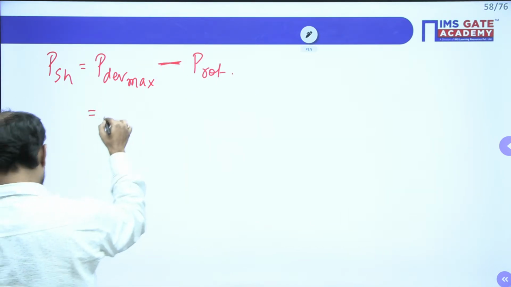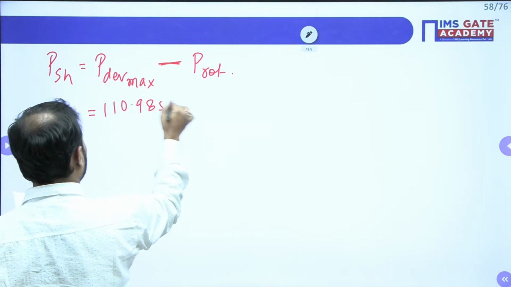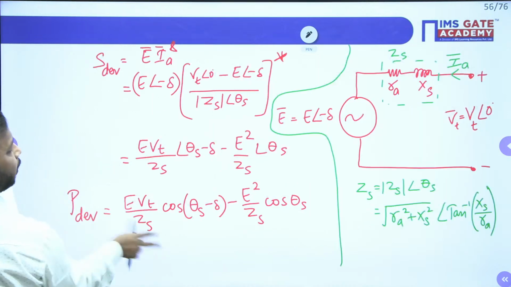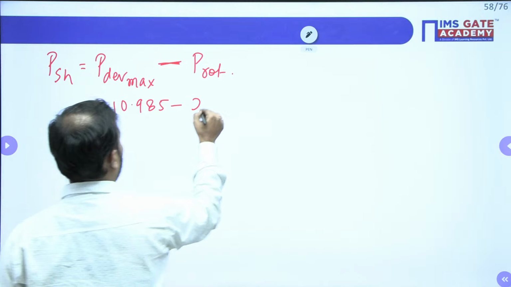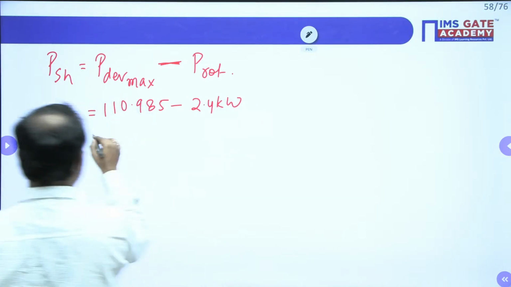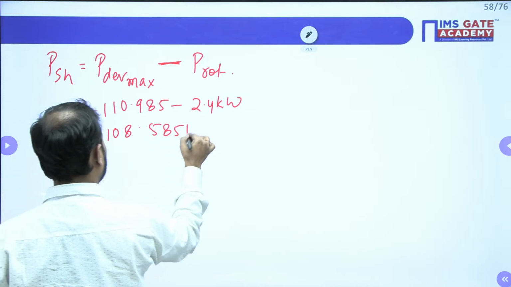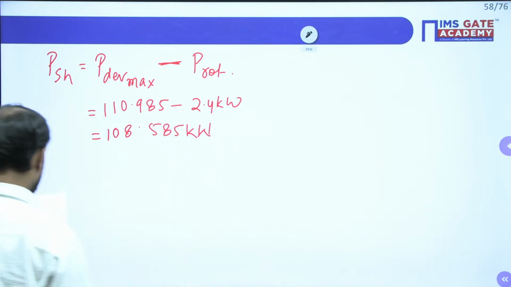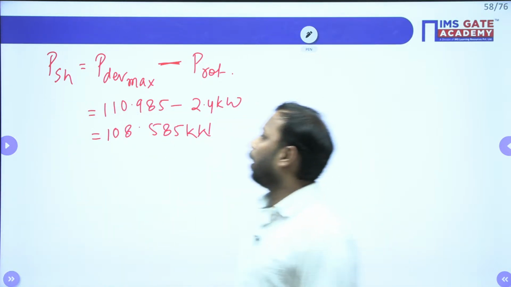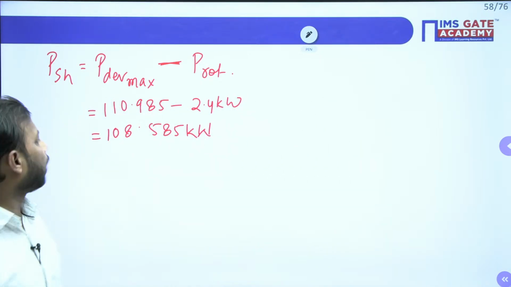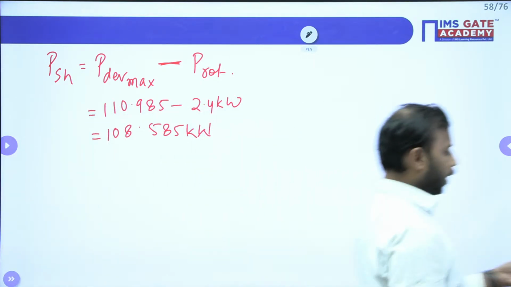So P developed that we have calculated, 110.985 minus the rotational loss, which is given in the question, 2.4 kilowatt. So this will be equal to 108.585 kilowatt. All right. So this is the power which is reaching the shaft, means this is the output power that we are getting.